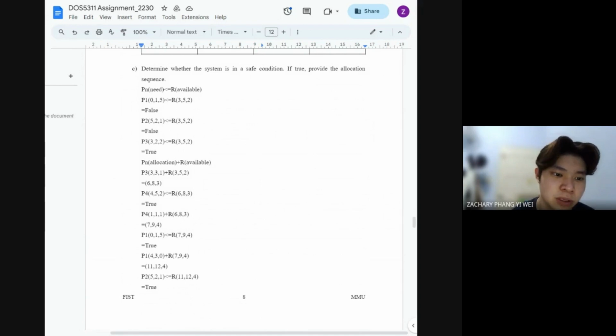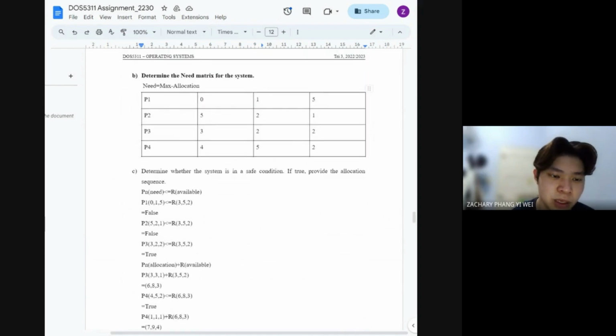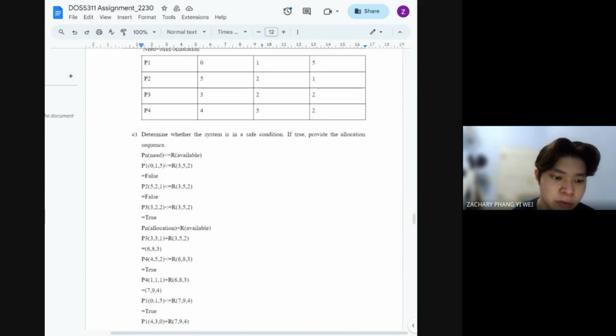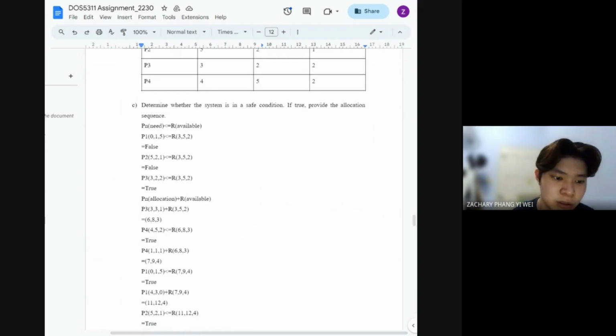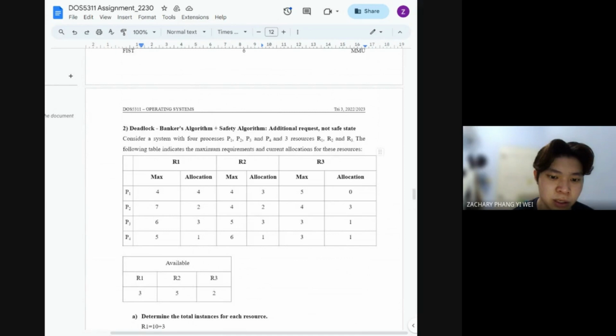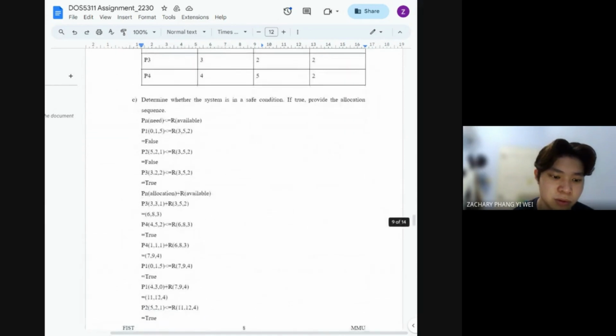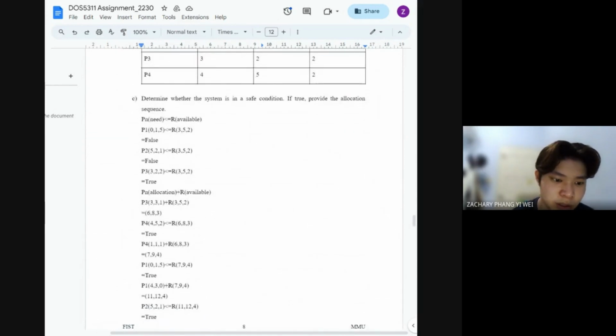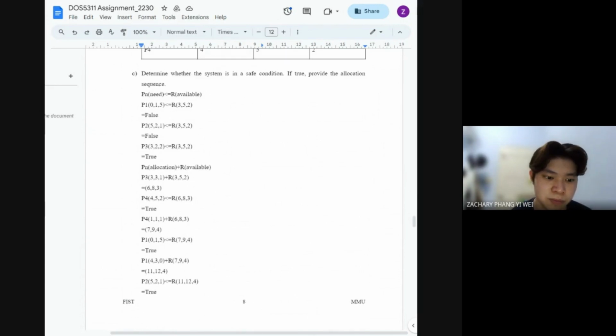P4 in the need table is 452. You see if it's larger or not. 683 is larger than 452, so it's true. And you take the P4 allocation again and add it to the available, so it's going to be 794.